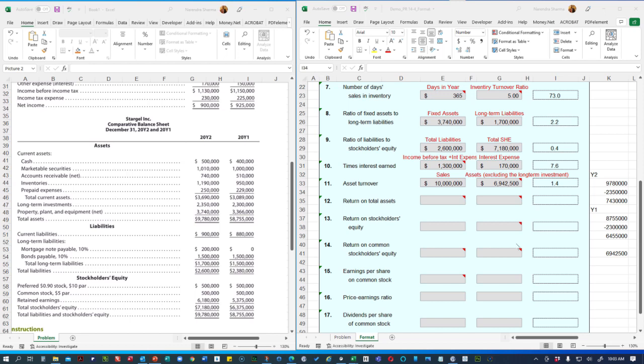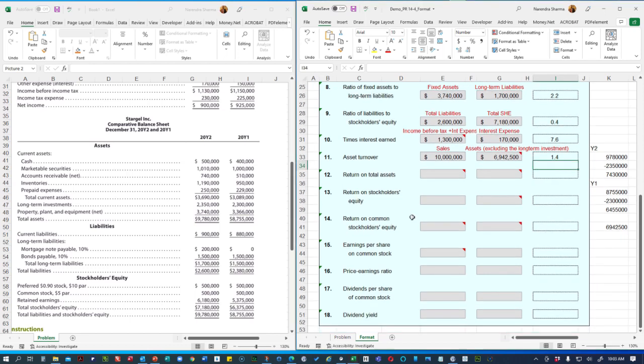So the next ratio we will be taking up is the return on total assets. Okay, so return on total assets, average total assets. Of course, here in this case, what we'll do is we will take the total assets directly.